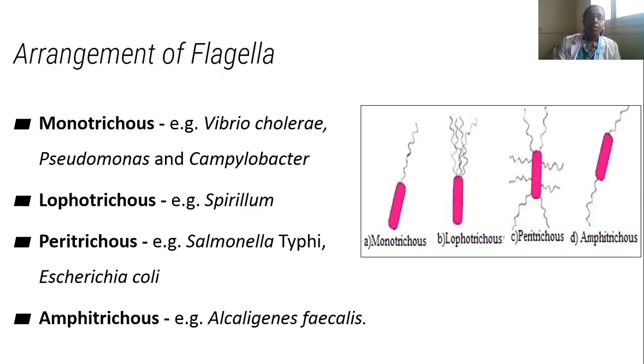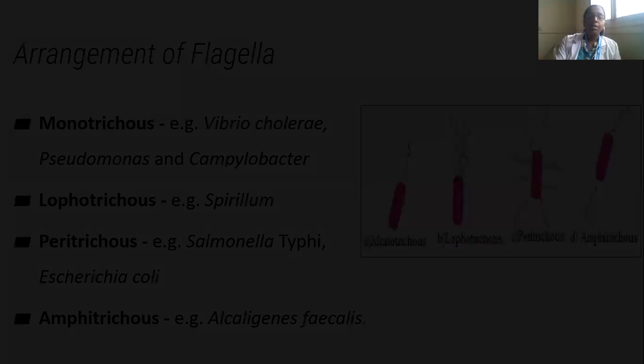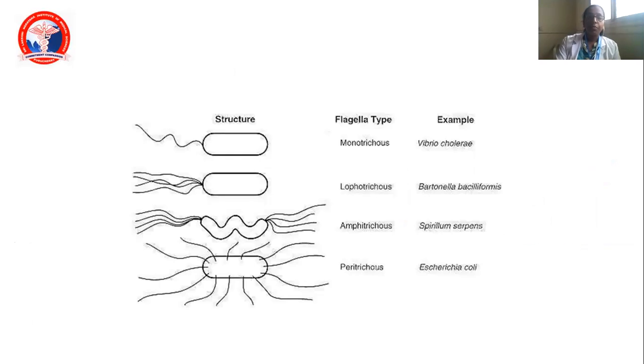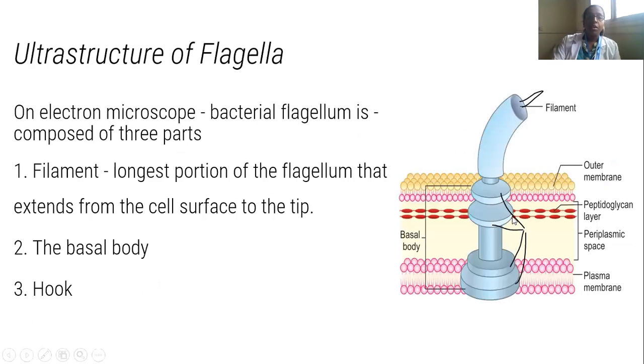If you see the structure of flagella, we have the filament, basal body, and hook. This is the filament which protrudes outside, the curved part is the hook, and this is the basal body to which it is attached.